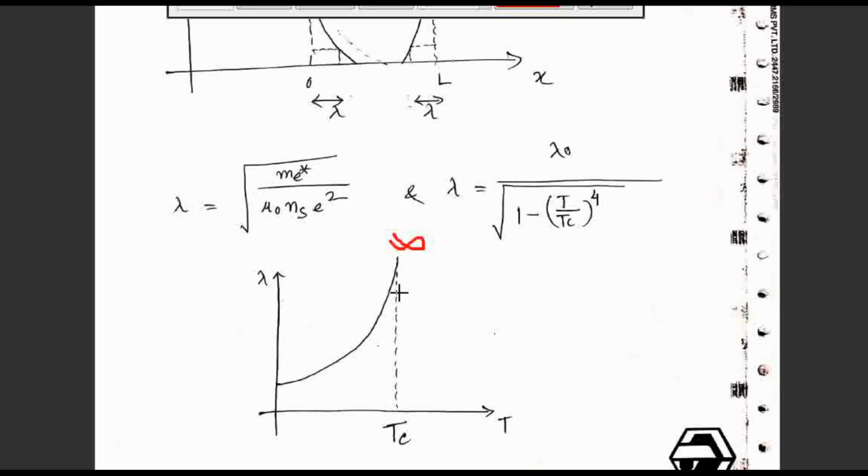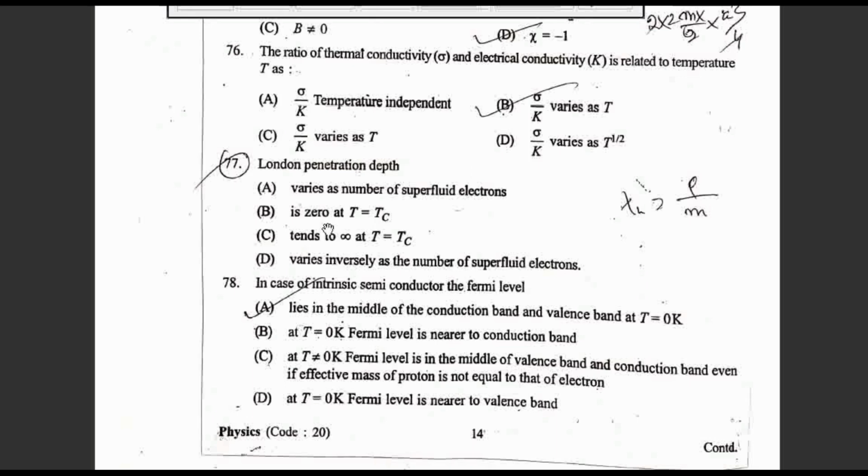This curve is moving towards infinity, it is getting an infinite value of lambda. So at t equal to Tc it is tending towards infinity, that's why option C is the correct one.